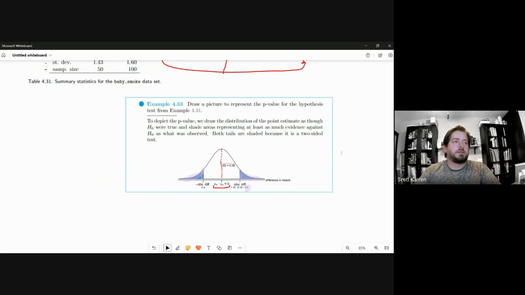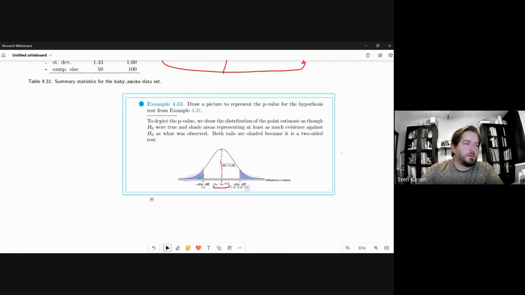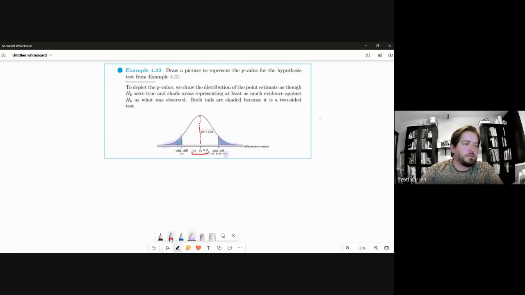So we find our t-value, which is that point estimate.